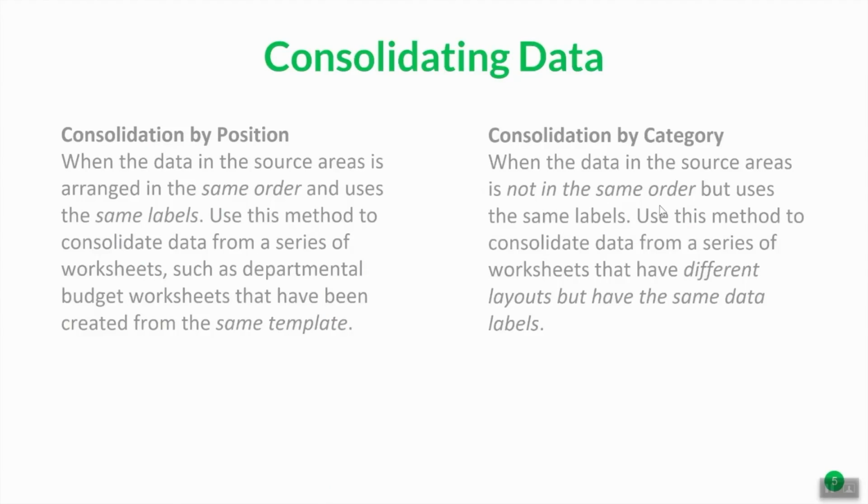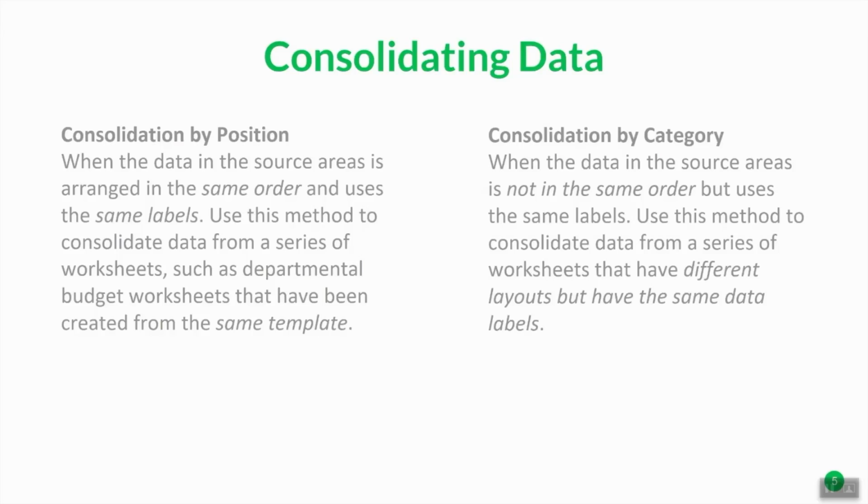Consolidation by category is when the data in the source areas is not in the same order, but uses the same labels. Use this method to consolidate data from a series of worksheets that have different layouts, but have the same data labels.